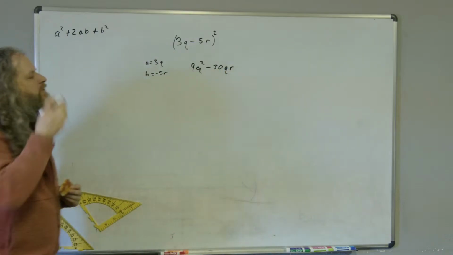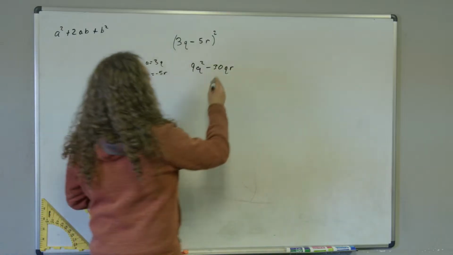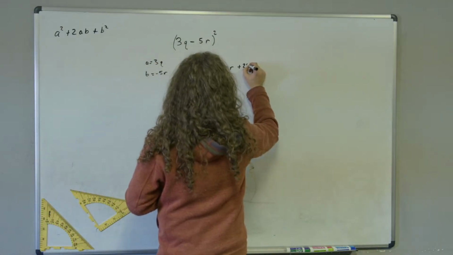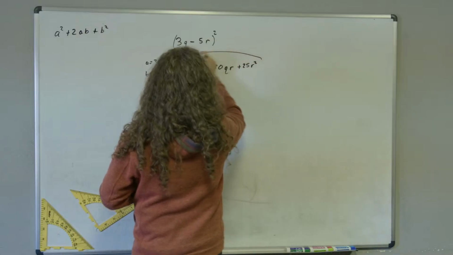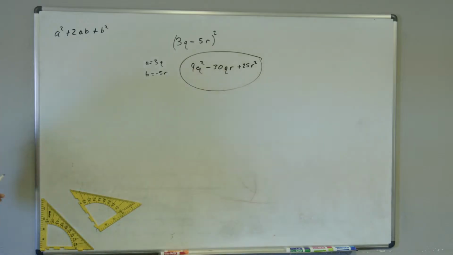What's negative 5r squared? Positive 25. 25r squared. Easy peasy.